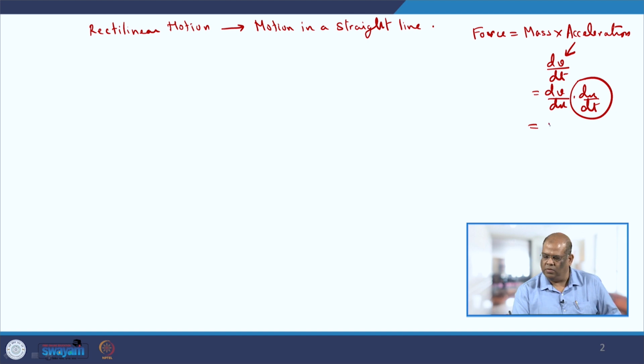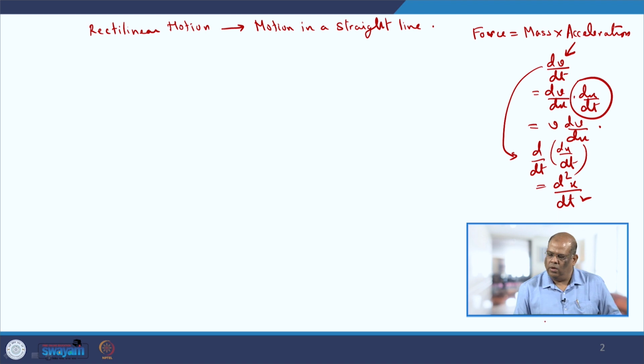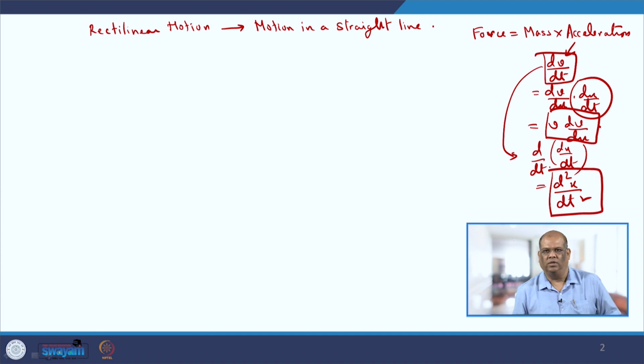So, this becomes v dv/dx, or again I can write d/dt of v, where v is dx/dt, which is d2x/dt square. So, we have three expressions for this acceleration. One is dv/dt, one is v dv/dx, and another is d2x/dt square.